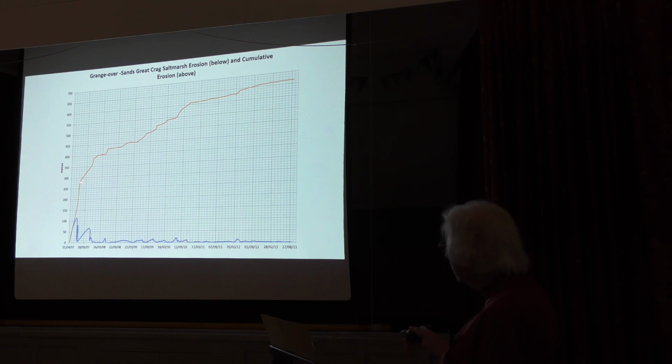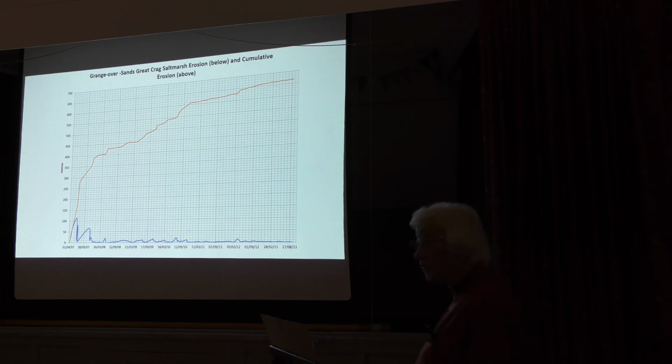And so the rate slowed down, but it was still relatively rapid. And this is shown here, continuing like this through to 2013. And in fact, it's going on at the present time. This graph was just plotted to 2013 for convenience in showing what was going on over that period.